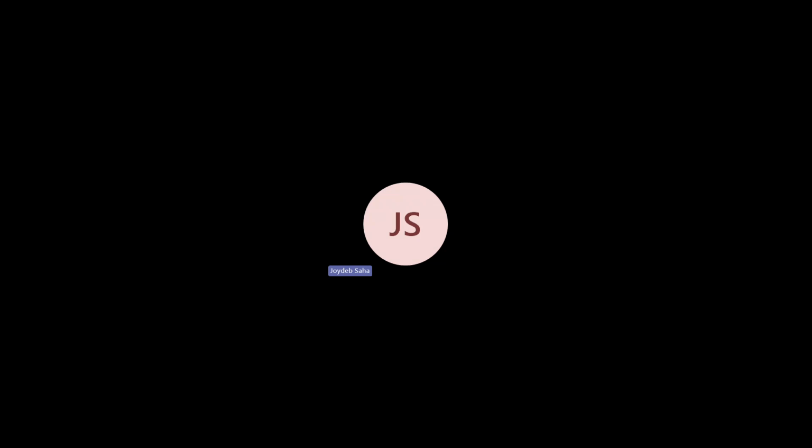Why? Because u(t)'s Laplace transform is 1 upon s. So we can write e to the power minus 3s upon s multiplied with 1 minus e to the power minus 2s. Fine.